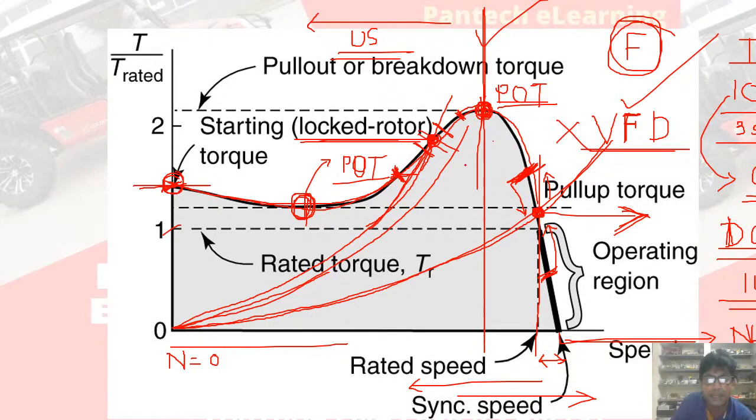So to select the machine, you always have to superimpose, and the operating point should lie on the right hand side of the pull out torque region.